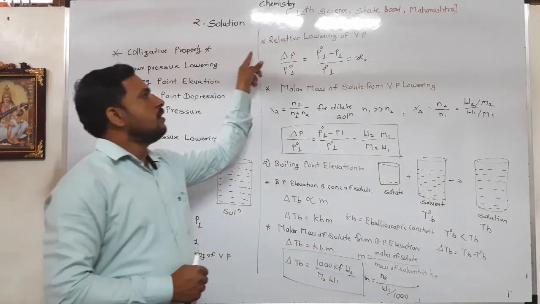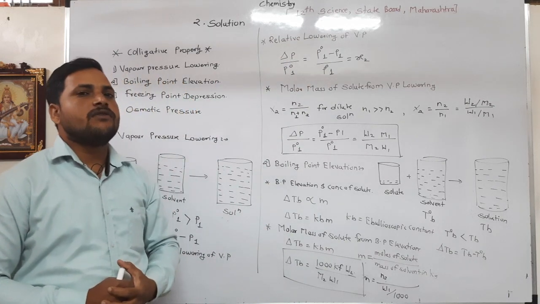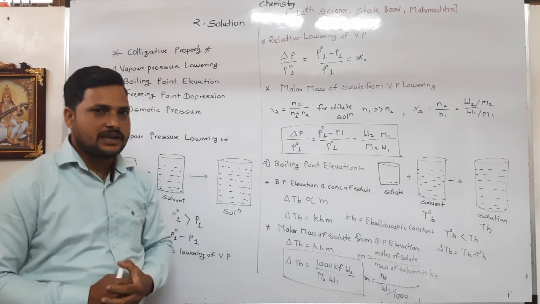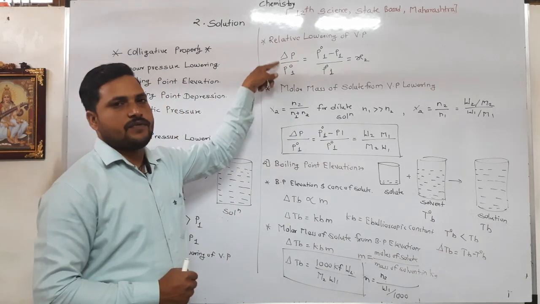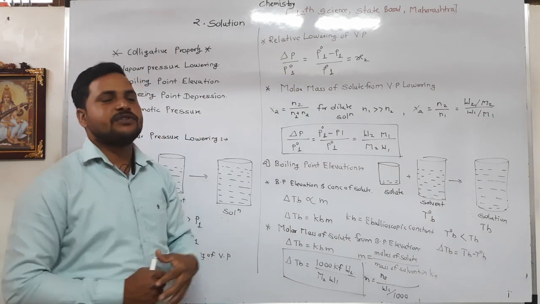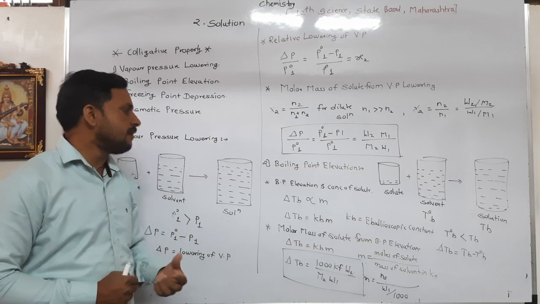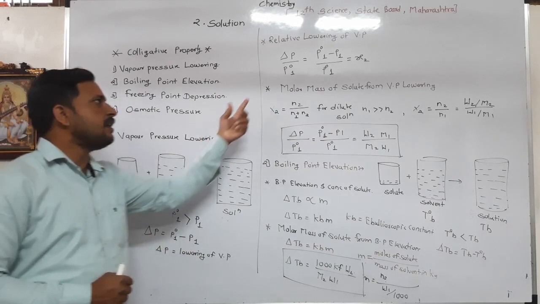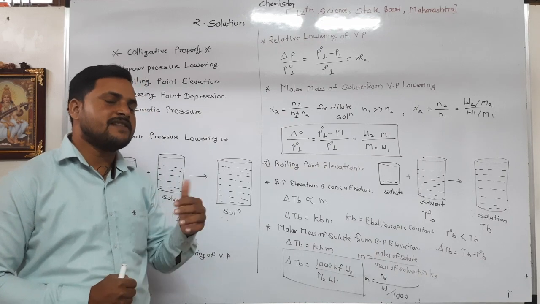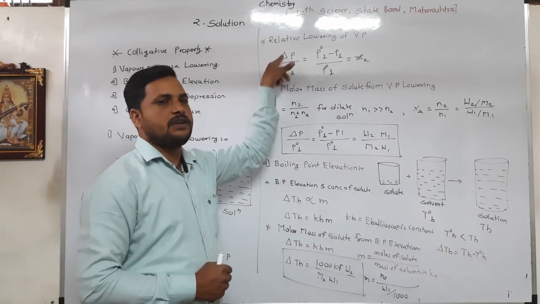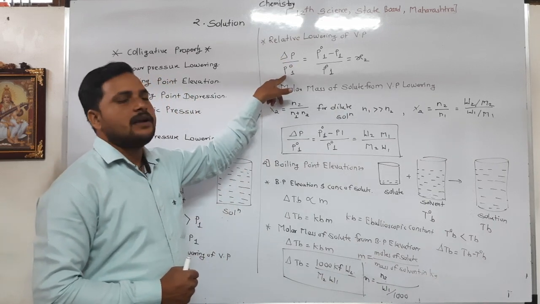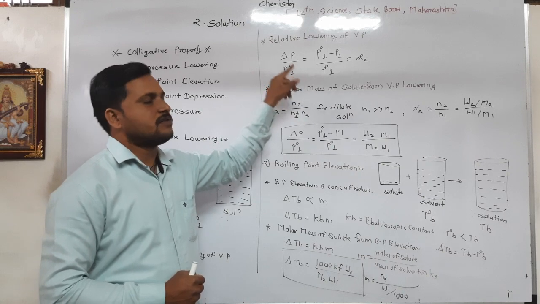Next point, what is meant by relative lowering of vapor pressure? The relative lowering of vapor pressure is obtained by the ratio of lowering of vapor pressure to the vapor pressure of pure solvent. That is, this equation is divided by the vapor pressure of pure solvent.